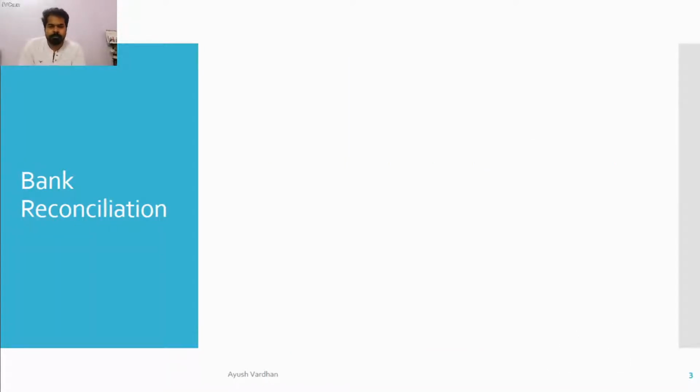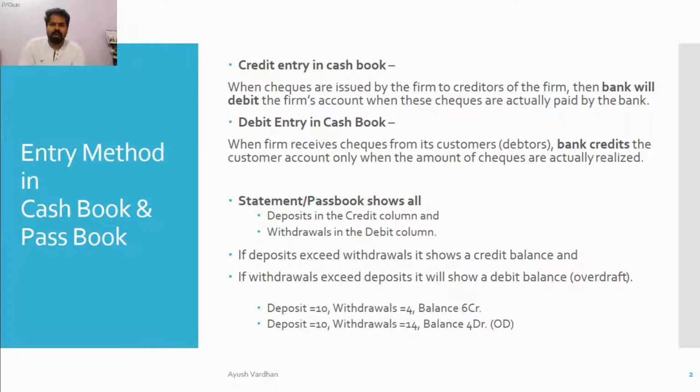So we will start with a bank and some entry methods, like how do we make an entry in the cash book and how do we make an entry in the passbook. And once we make any entry in the cash book, what effect happens on the passbook?